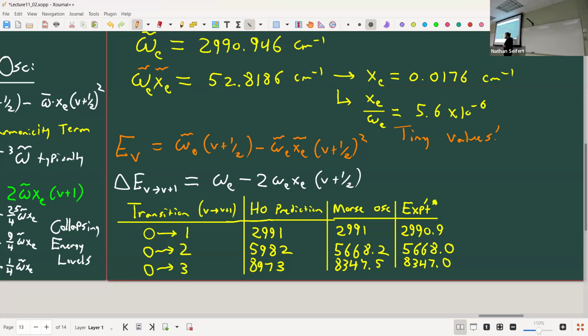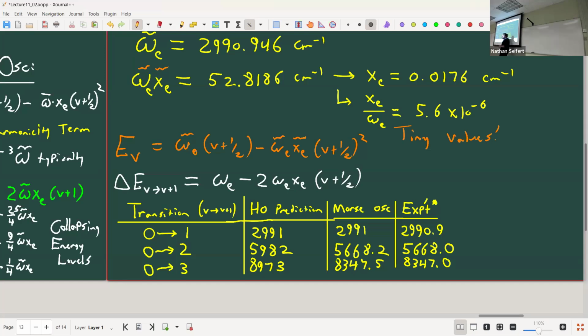This one's about 0.1, this one's about 0.2, this is about 0.5 error. So the anharmonic approximation is still just an approximation. It's not perfect. If we went to 0 to 4, we would see that the Morse oscillator is off by even more. Okay, so it's just an approximation. So how would we fix that?